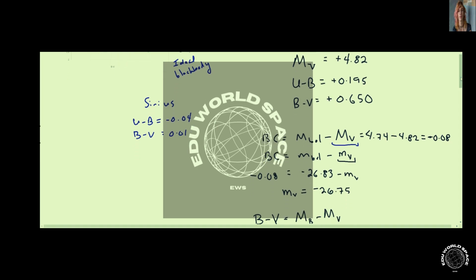M sub V, yeah, let's just circle M sub V, minus 26.75.